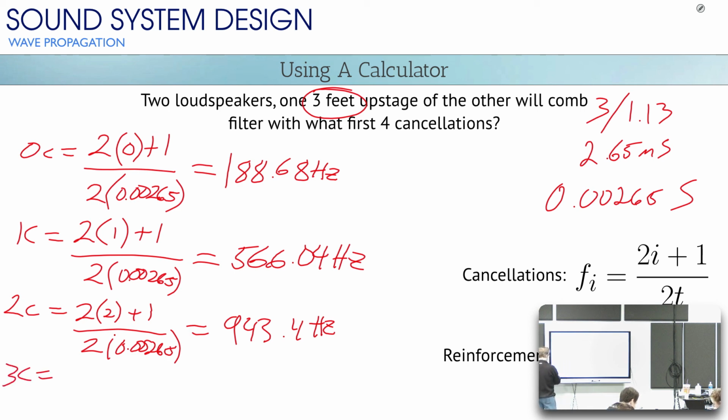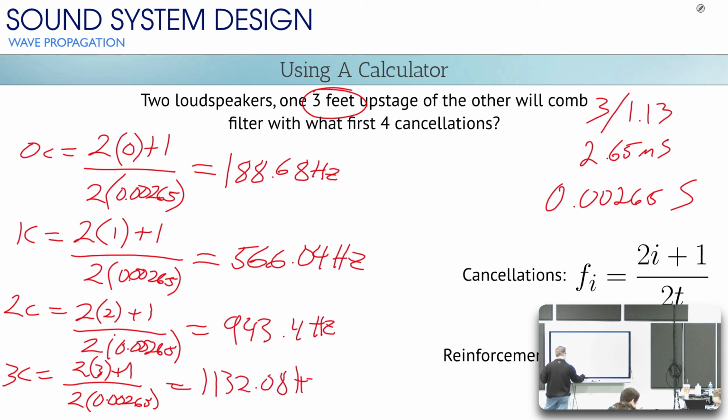3 for C is going to be 2 times 3 plus 1 divided by 2 times 0.00265. When I did that, I got 1,132.08 hertz. Huzzah. Anybody else?